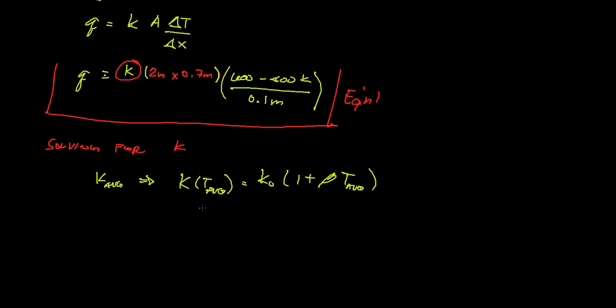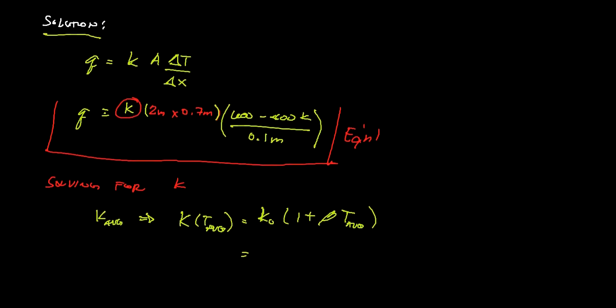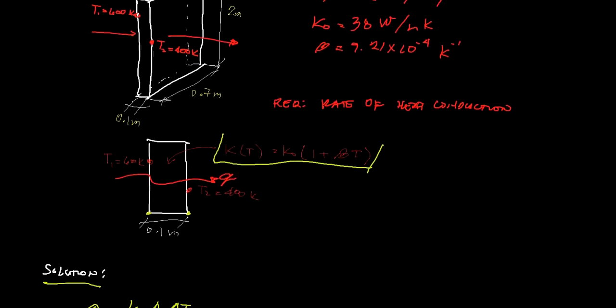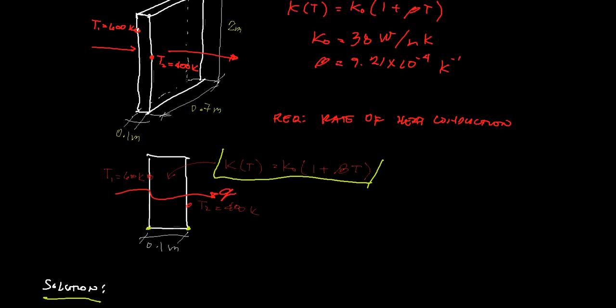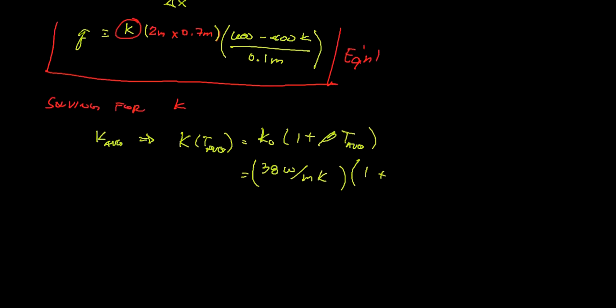We are talking about the average temperatures here. The value of k sub 0 is known, 38 watts per meter Kelvin, as well as the value of our beta, which is 9.21 times 10 to the negative 4 per Kelvin.